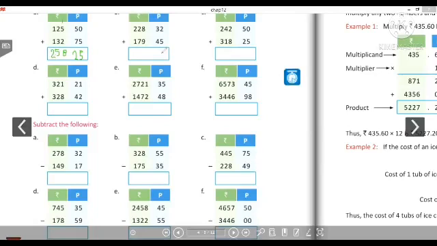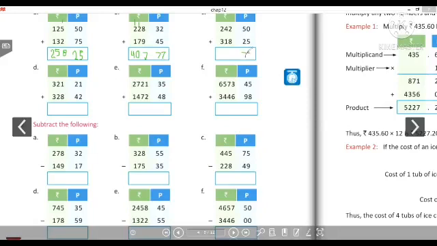Next: 5 and 2 is 7, 4 and 3 is 7, 9 and 8 is 17, 7 carry 1, 7 and 9 is 16 and 1 is 17... so 407 rupees and 77 paise.